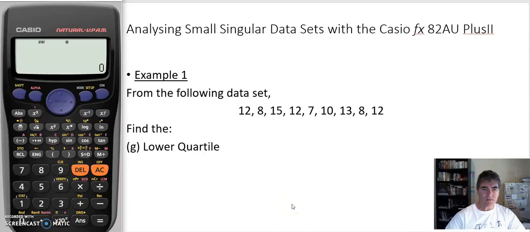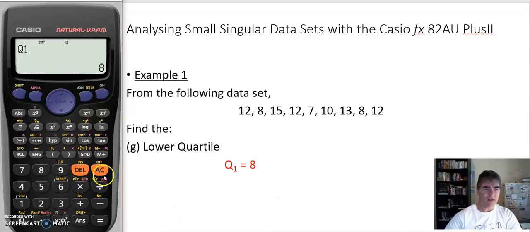So we will now find our lower quartile, and we just saw how to do that a moment ago. So again, shift stat, our min-max section, lower quartile is here, so press 3 equals, so a lower quartile, which is Q1, and we find that is 8.